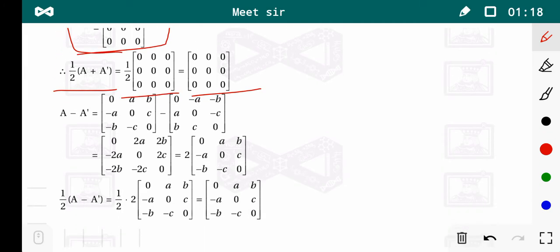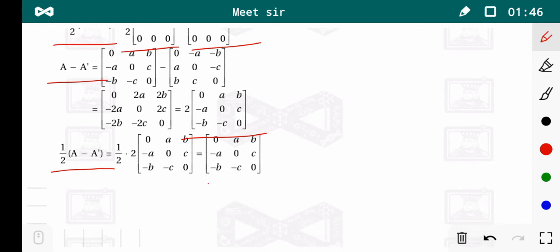Now we subtract A and A dash, that is A minus A dash. By subtracting the two matrices, we get a new matrix, that is 2 times the matrix 0, a, b; minus a, 0, c; minus b, minus c, 0. But we have to find 1 half (A minus A dash). To find this, we divide the matrix A minus A dash by 2.